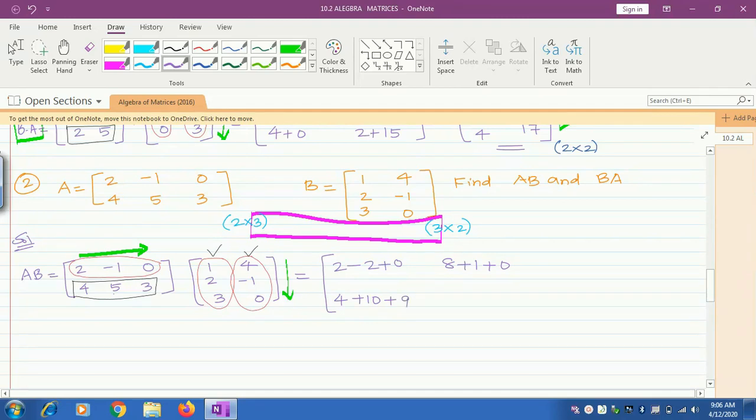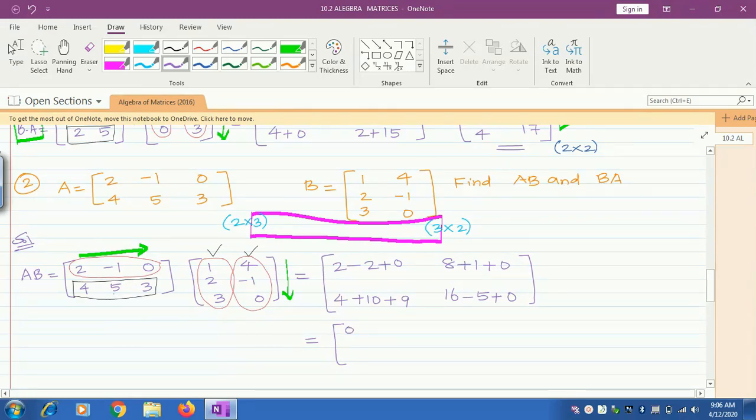So the next one, 16, 4 into 4, 16, minus 5 plus 3 into 0, it is 0. So the answer will be equal, this is 2 minus 2, 0, the answer is 0.